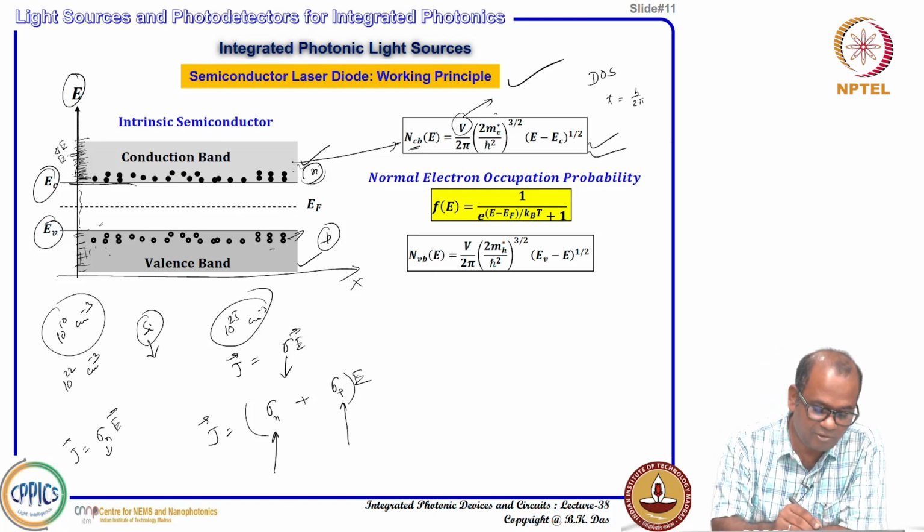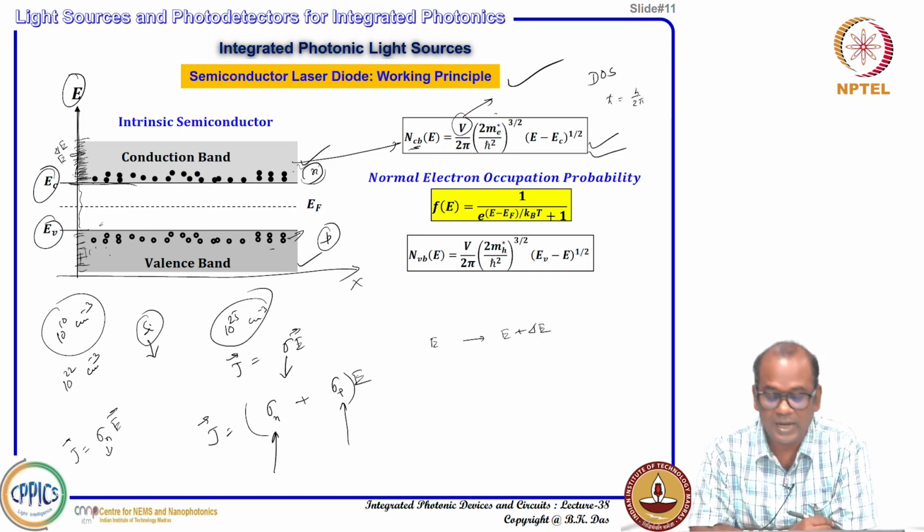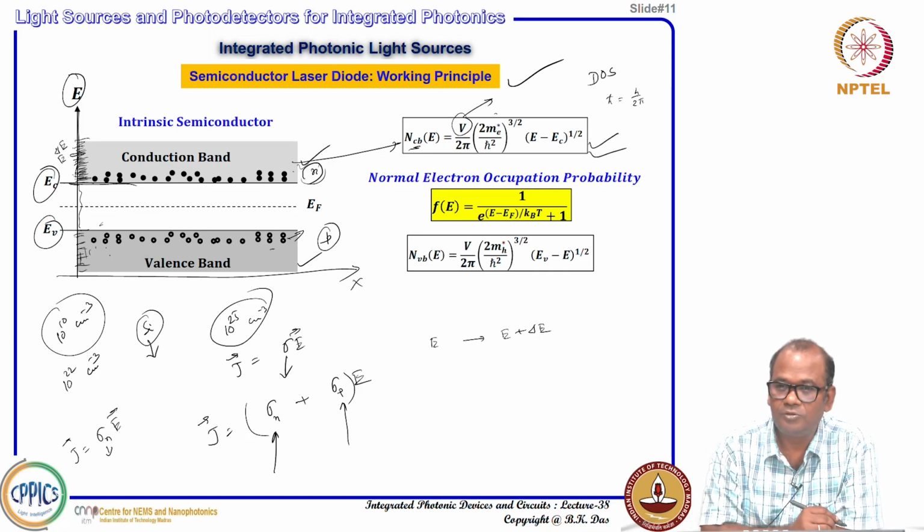So, for example, if you are considering E, from E to E plus delta E, how many energy levels are available for an electron to occupy?